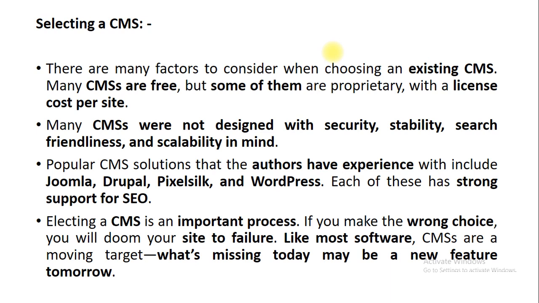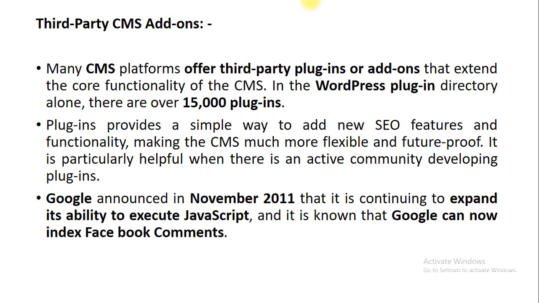And when you select the wrong CMS, there is a chance of site failure because of the improper CMS. Next is third party CMS add-ons. If you are working with WordPress, there are 15,000 plus plugins available in the market. You can select any one of them for the website.